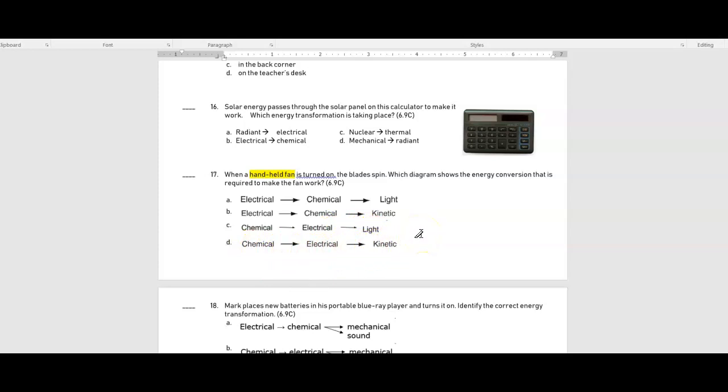Okay, and I will tell you that if you're using the word kinetic here, we're going to substitute that for mechanical. Okay, so kinetic equals mechanical on that one.